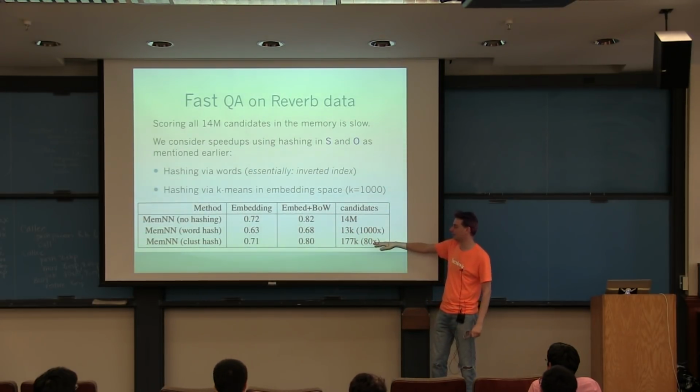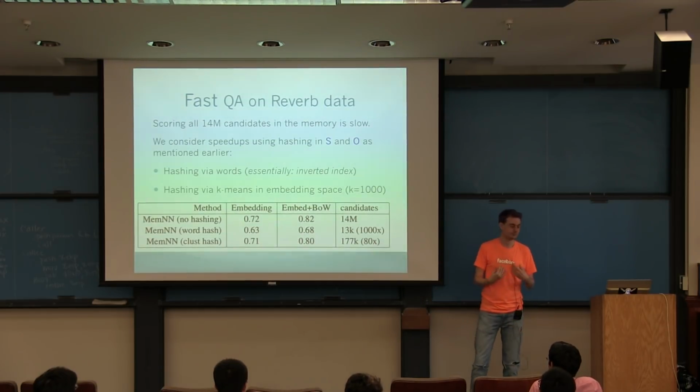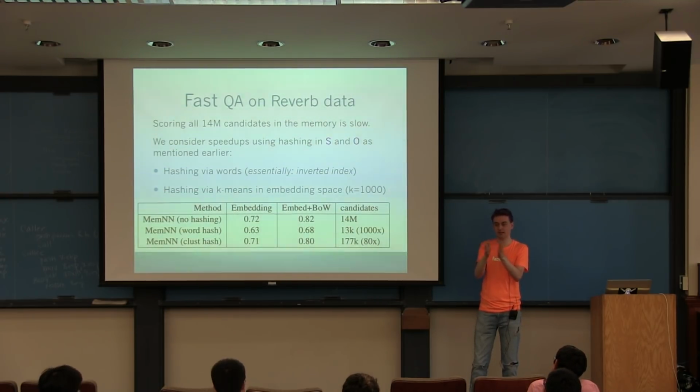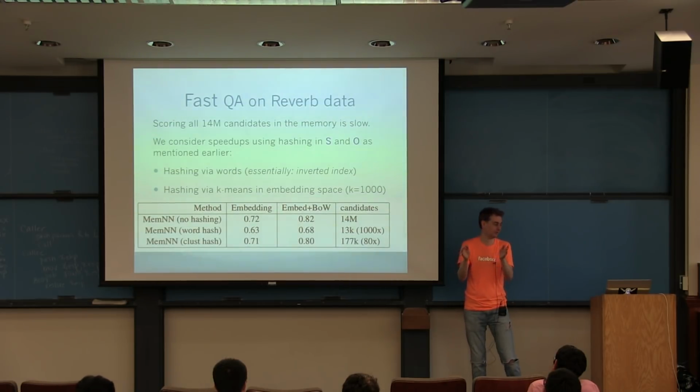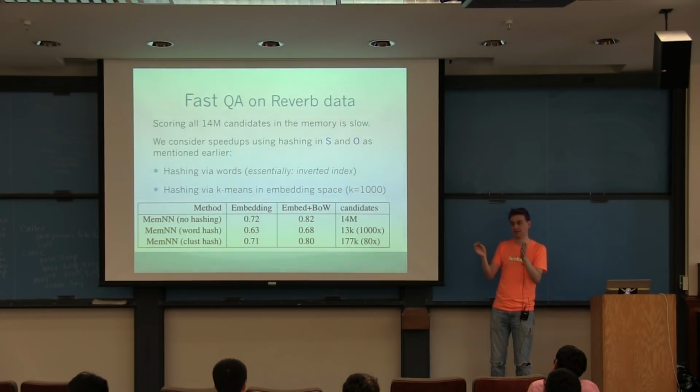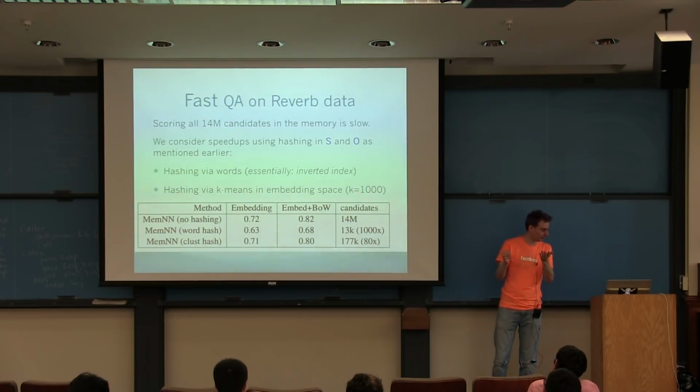And then we have another way of hashing instead, where we took the embedding space, the word embeddings that we learn, and we run k-means in that embedding space, the 128 dimensional embedding space, with 1,000 clusters.